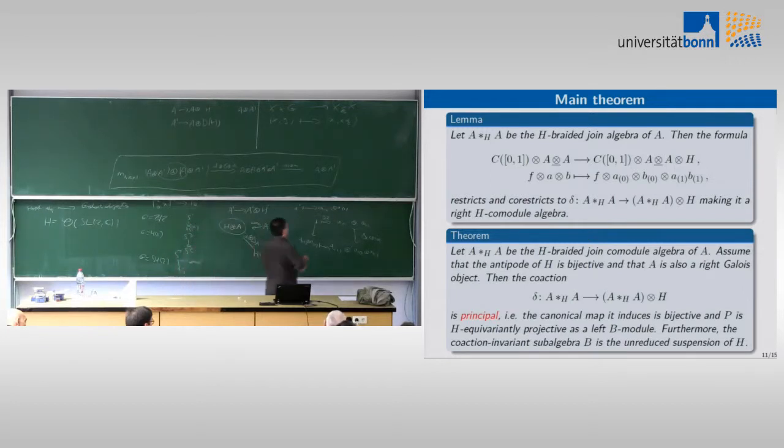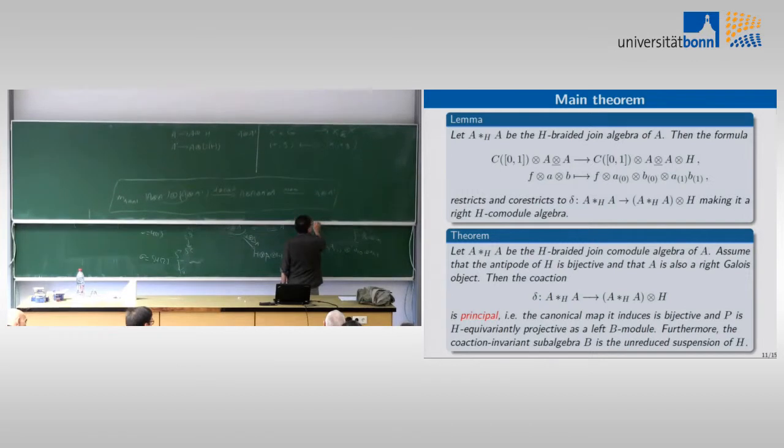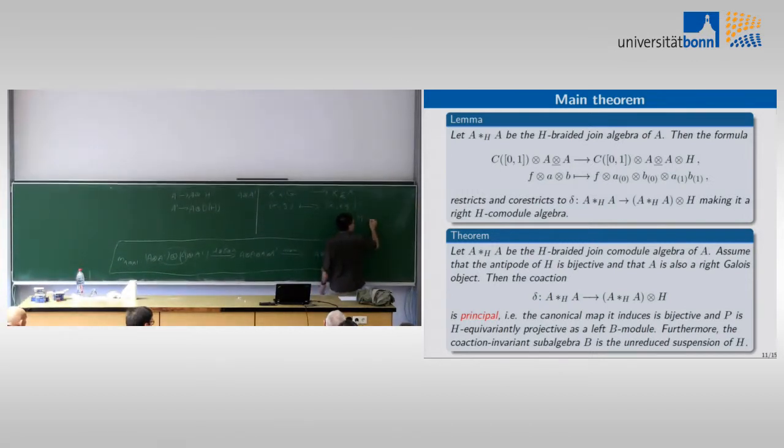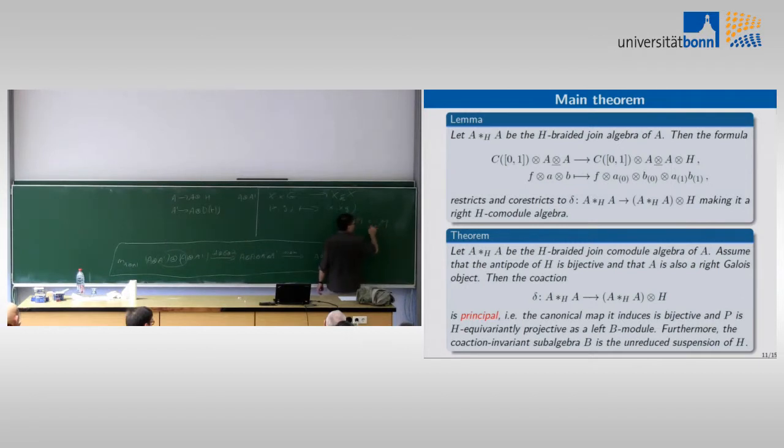Let me explain this equivariant projectivity, because it's a very simple concept. Well, imagine that I have an M, which is, say, a left module over some algebra B and a right comodule over some coalgebra C. And then I take the multiplication map from B tensor M to M. And as everybody knows, this module is projective if and only if this multiplication map splits as a left B-linear map. Okay?